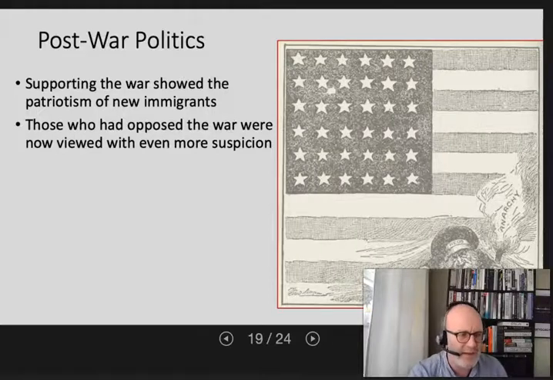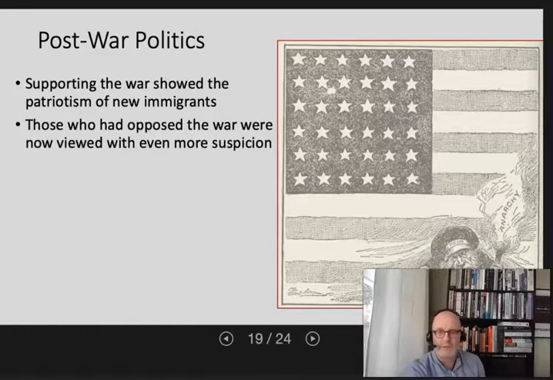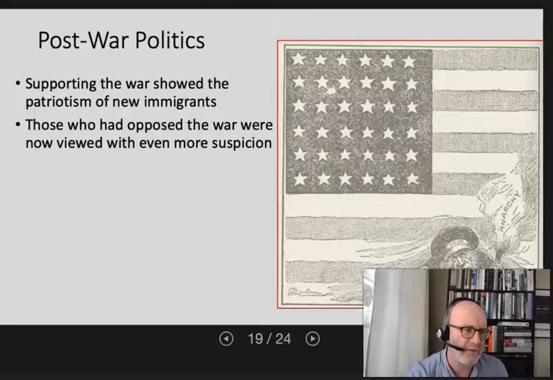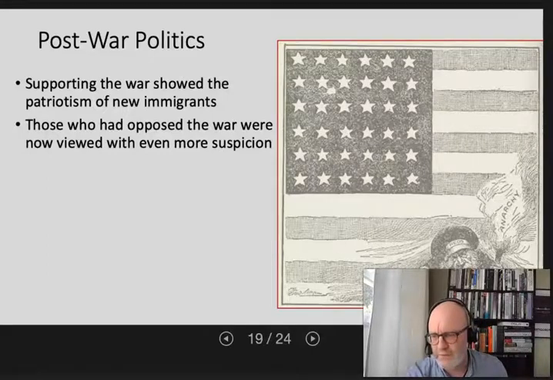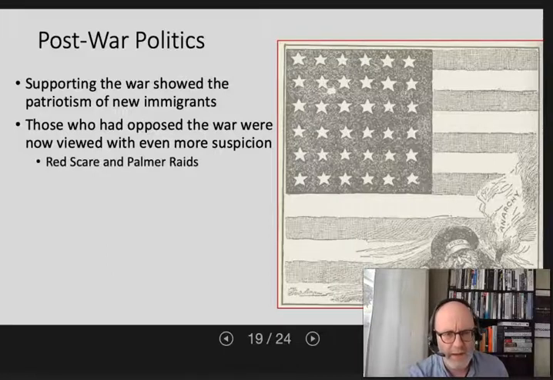They've already been looked at with suspicion because union organizing, labor organizing, pacifism, all of these things are associated with immigrants. And as hopefully in the last 38 minutes you've picked up on, there is a long tradition of nativism in American politics and culture that looks suspiciously upon immigrants.